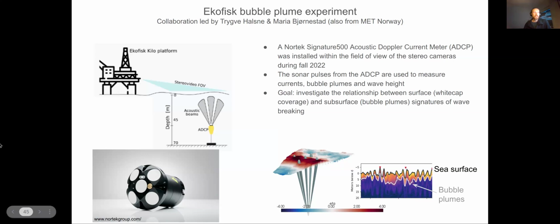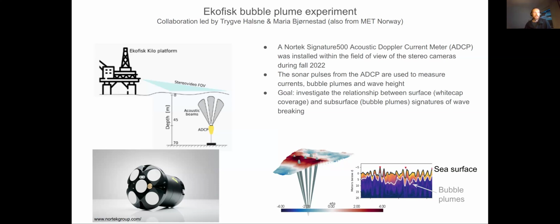So the ADCP that we used in this experiment is a Signature 500 built by Nortek. And it has 5 sonar beams, out of which 4 are slanted at an angle, and 1 points straight up in the vertical. So it turns out that bubble plumes are very clearly visible in the backscatter intensity of the ADCP beams.